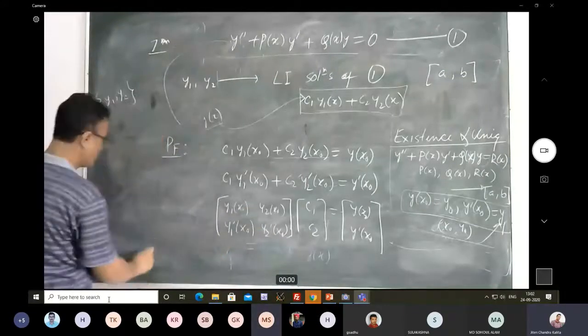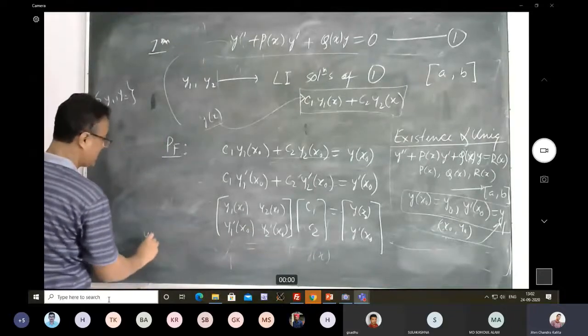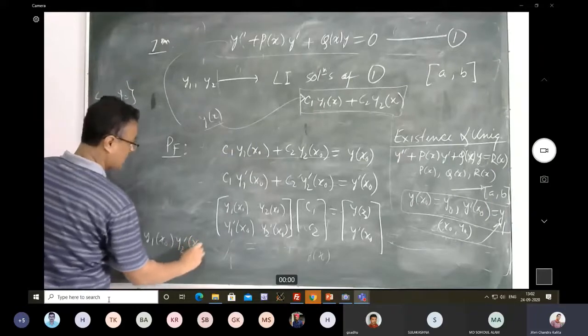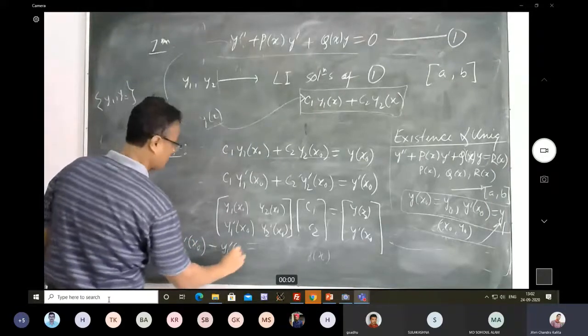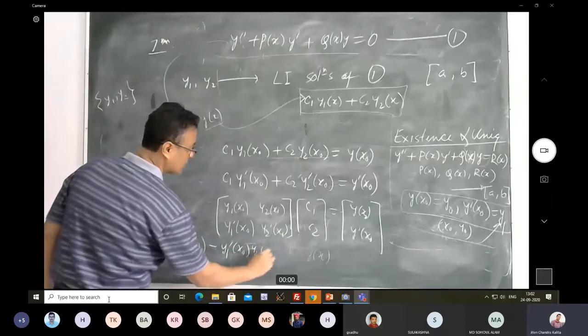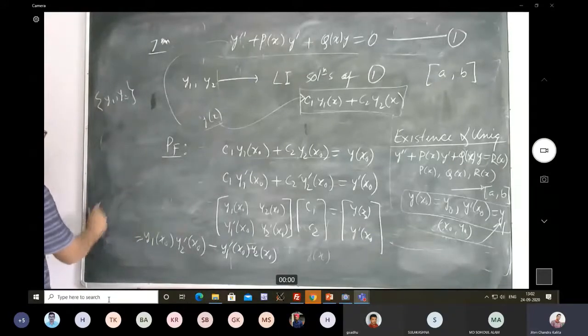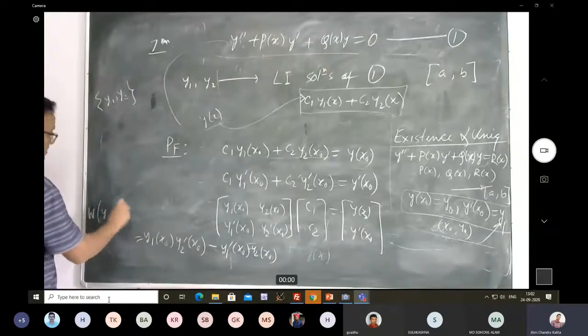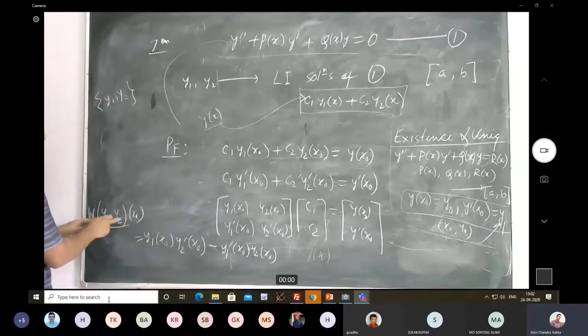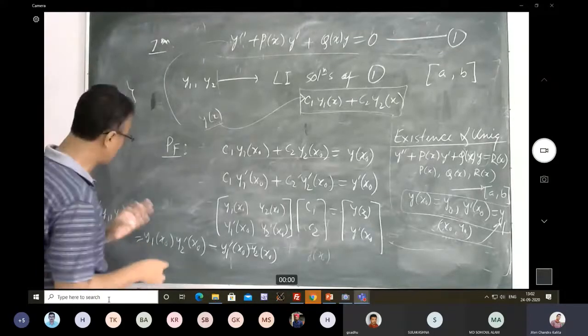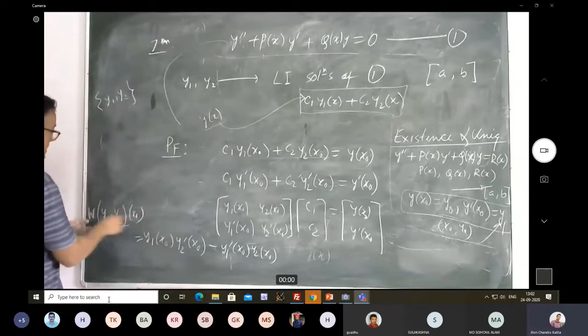And the determinant of that coefficient matrix is simply written as the Wronskian of the functions y1 and y2 at the point x naught.